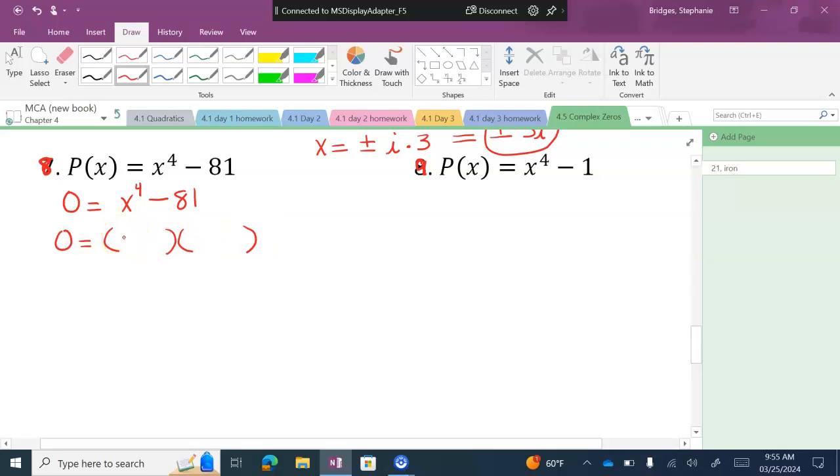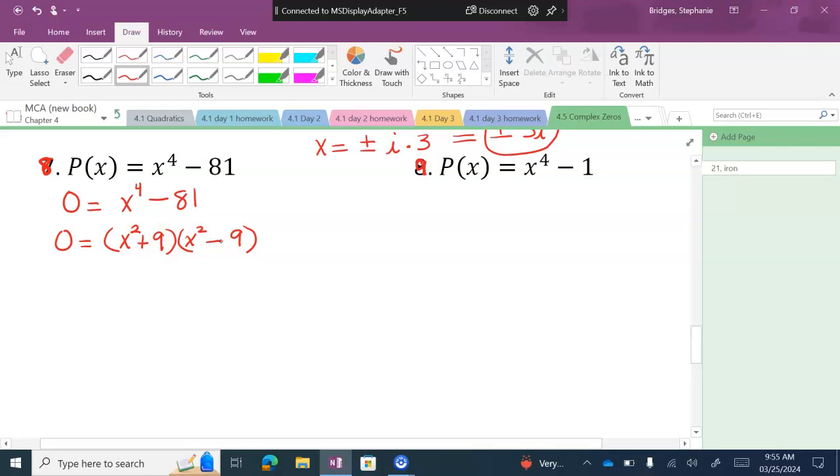What is the square root of x to the 4th? x squared. Okay, so that's going to break down into x squared and x squared. And then the square root of 81 is 9. And then what do we do with our signs again? 1 plus, 1 minus.